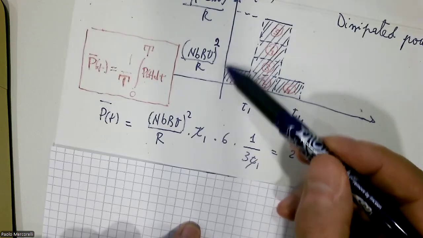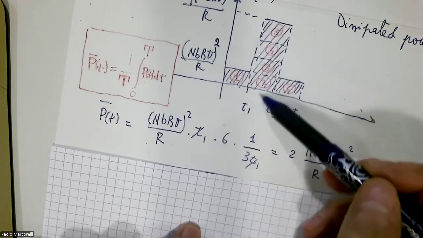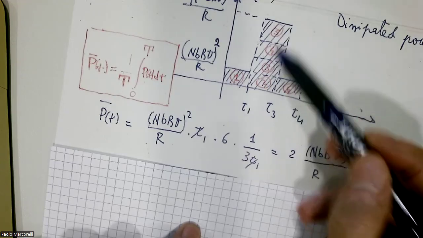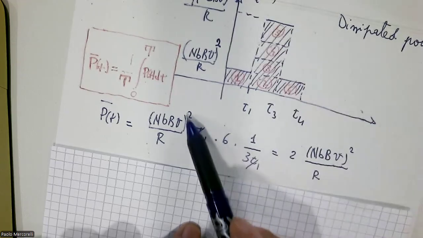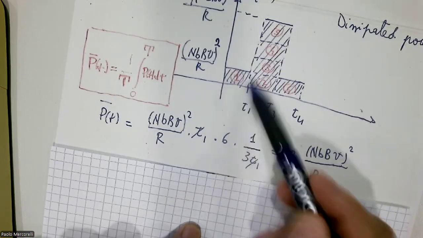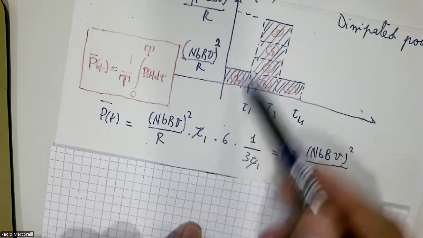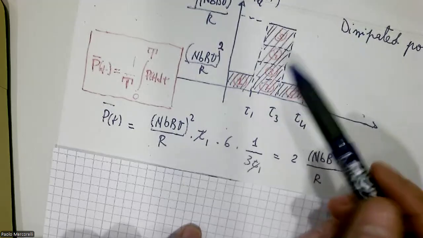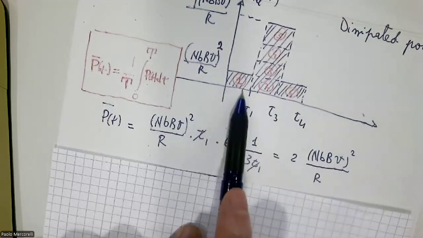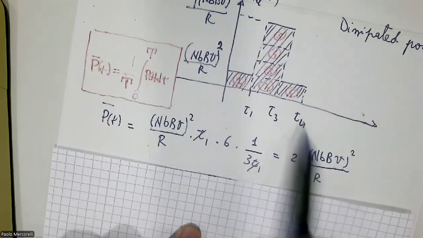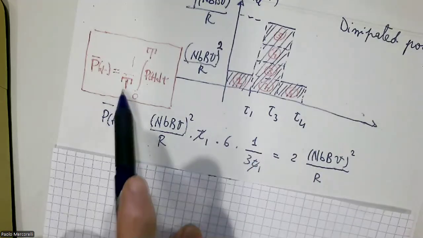This level here is twice this level here, because we can see that I can divide it in 4 parts, 1, 2, 3, 4. This means this multiplied by t1 is the surface, as I told you, of one element. Multiplied by 6 is the whole surface, but the whole surface divided by 3 t1, equal to t4, which is our T.